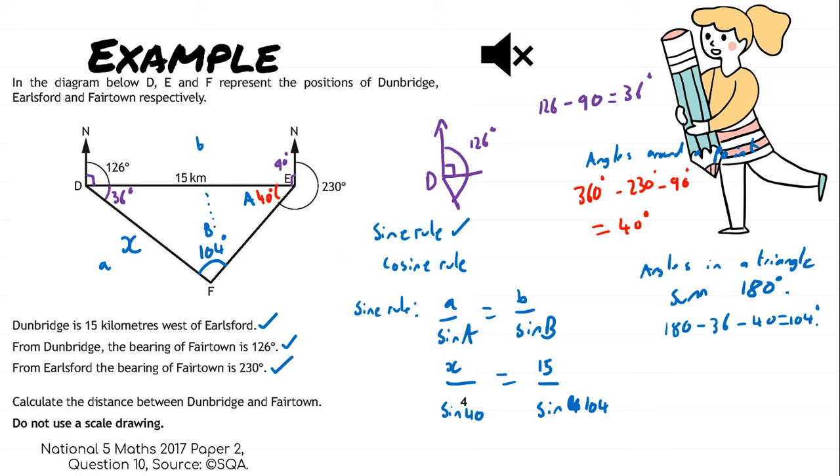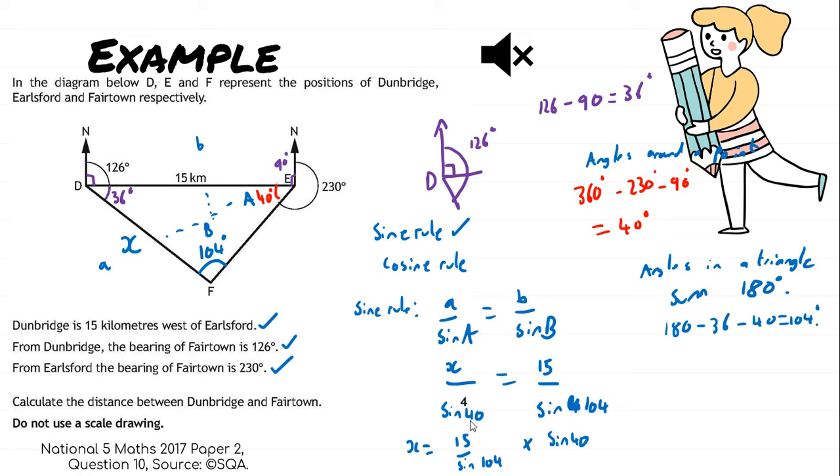So this angle is opposite this side. Now I can work this out just by doing 15 over sine 104, and I can multiply that by sine 40. Notice that I've just multiplied by sine 40 to get x.